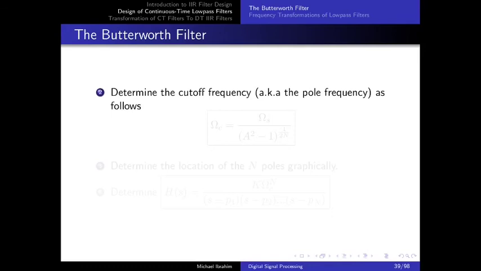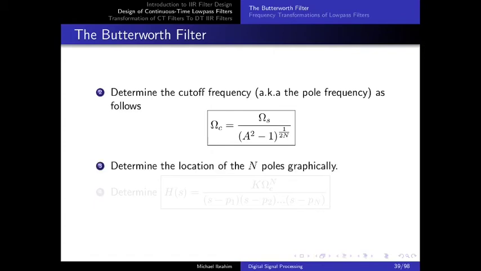The next step is to determine the cutoff frequency omega c using the equation we've seen before, which is omega s over a squared minus 1 to the power 1 over 2n. Once we have n, the number of poles, and omega c, now we can determine the location of the n poles graphically.